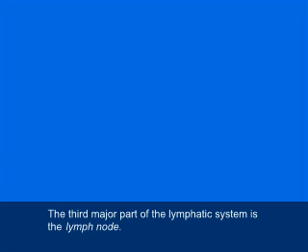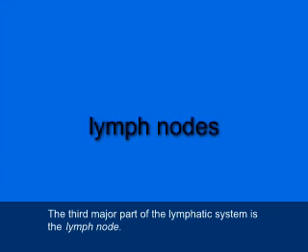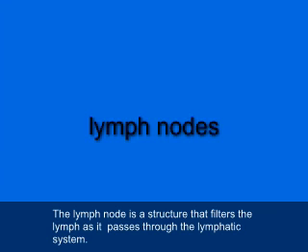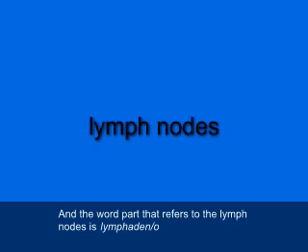The third major part of the lymphatic system is the lymph node. The lymph node is a structure that filters the lymph as it is passing through the lymphatic system. And the word part that refers to the lymph nodes is lymphadeno, L-Y-M-P-H-A-D-E-N/O.